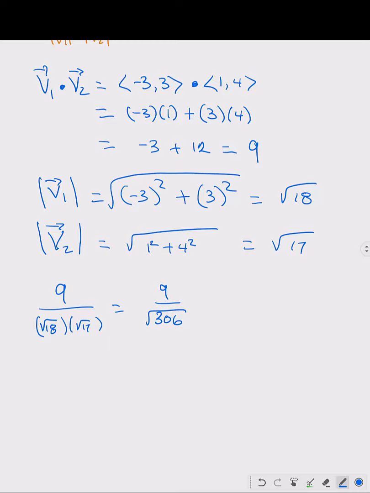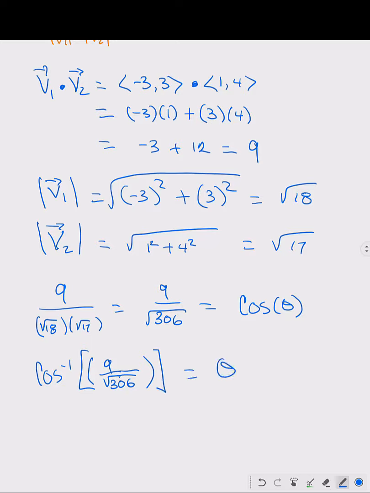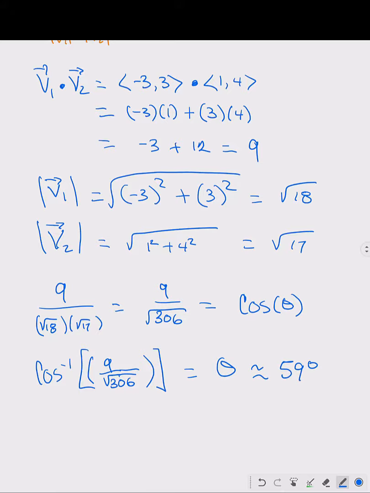And that's equal to the cosine of theta. So then 9 over root 306, take the arc cosine, that's equal to theta. And when I type that in my calculator, I got approximately 59 degrees.